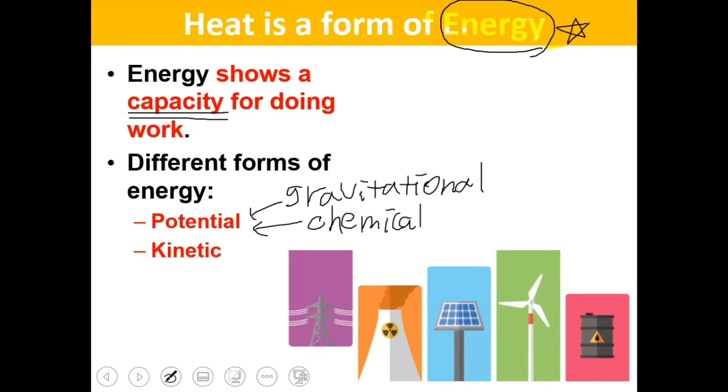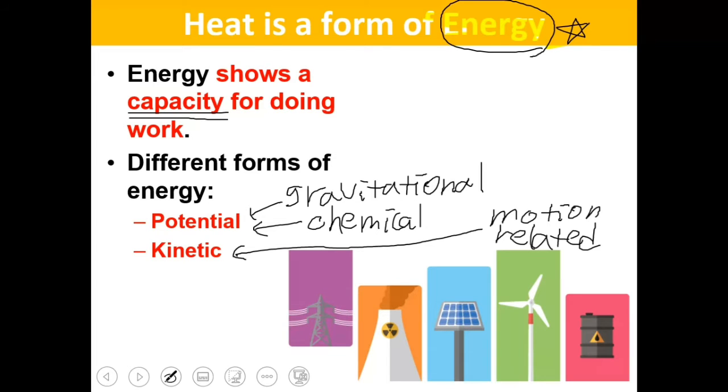Kinetic energy. When people talk about kinetic energy, it's involved with any type of motion. So things have to move. A good example is a bicycle. You're pedaling and the bicycle moves.